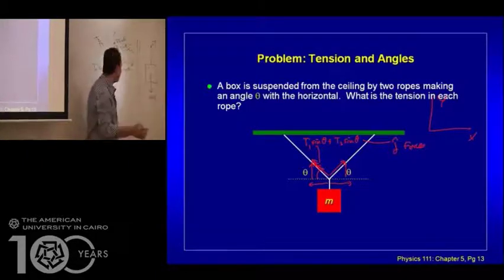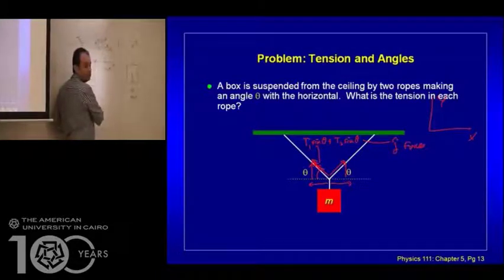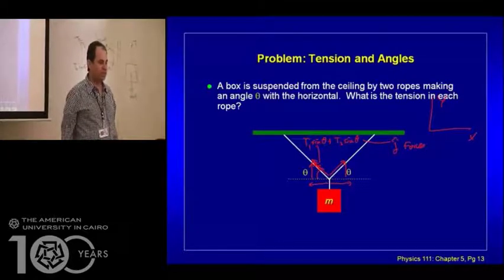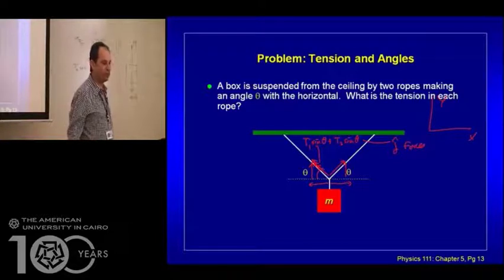You're saying now that T1 is equal to T over 2? Yes, it's going to be T over 2 if the two angles are equal, but we don't know that now. We know it after we solve the problem.